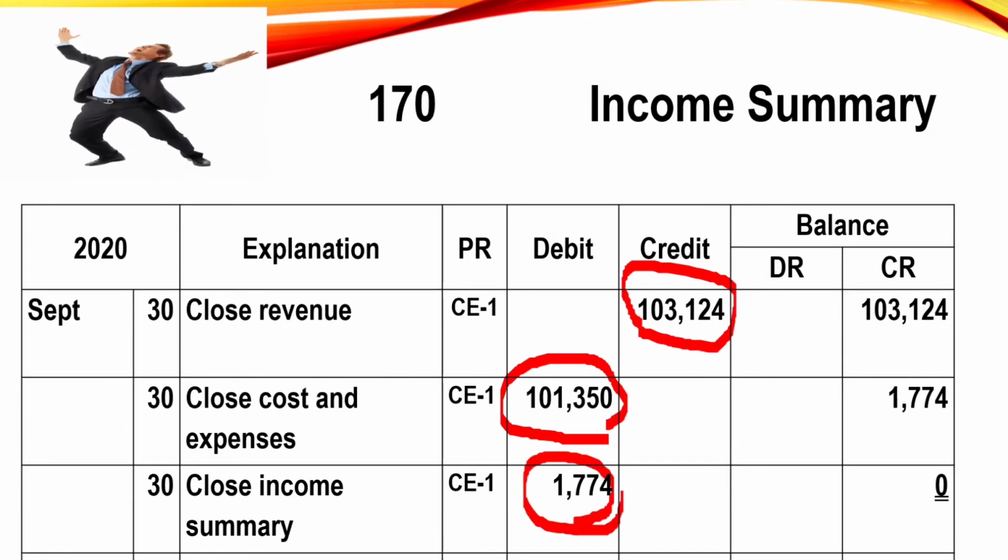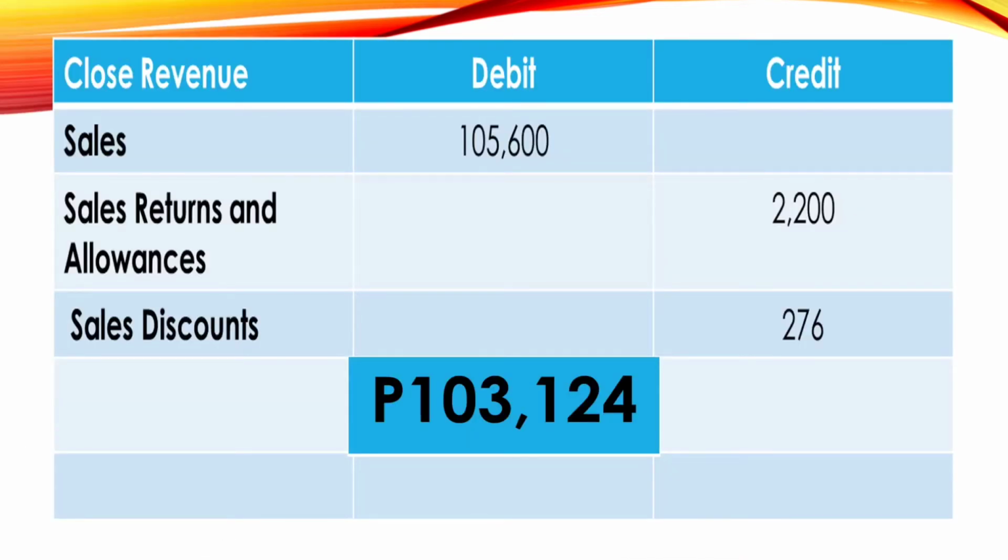How did we get this? For us to understand the closing entries of income summary, I will break it down. Why did we get 103,124 for the revenue account? Sales return and allowances and sales discount are part of revenue.